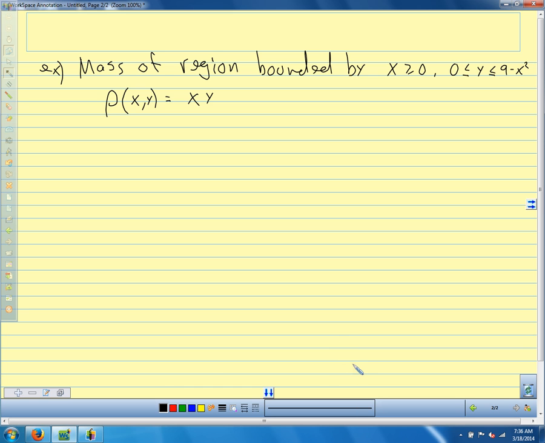So we're going to go through the same process. We want to sketch our region. This is our function that we're putting in our integral. So let's sketch our region. Here's our xy plane. x is greater than or equal to 0, and 0 is less than or equal to y, less than or equal to 9 minus x squared. So what is y equals 9 minus x squared?